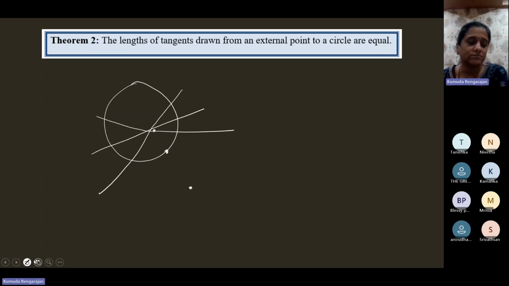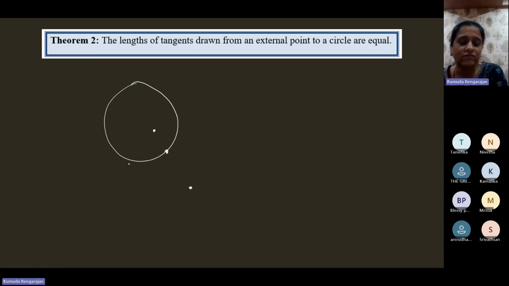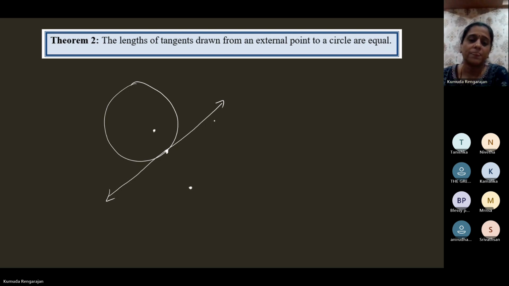On the circle, exactly one tangent can be drawn passing through this point which lies on the circle.